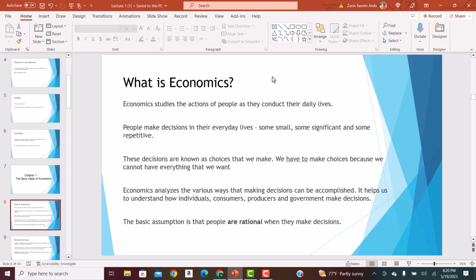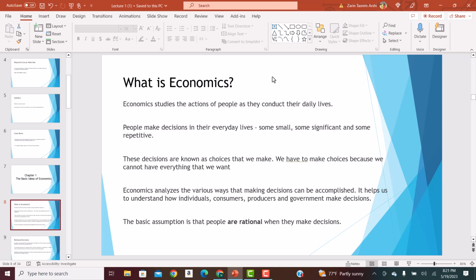When we are living our own life, we have to make choices. We have to make decisions in our everyday lives, and these decisions can be small, some can be very big, some can be repetitive. But all these are related to economics, and these are studied by economics. Okay, so like what you are going to eat today for lunch, whether you're going to have pizza or Chinese food, that's a decision you make, right?